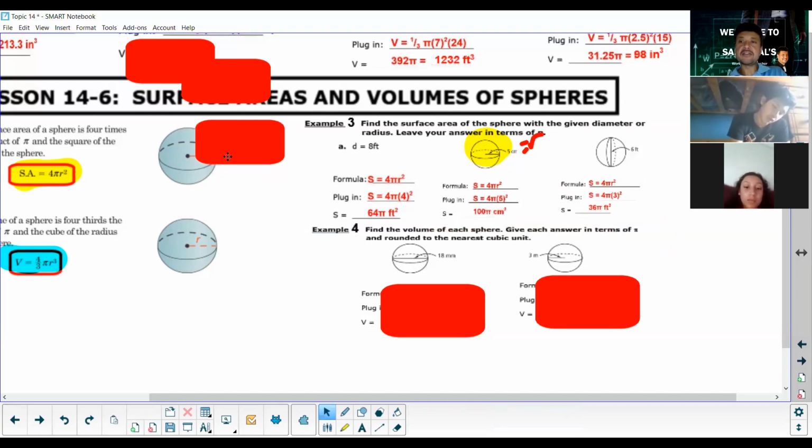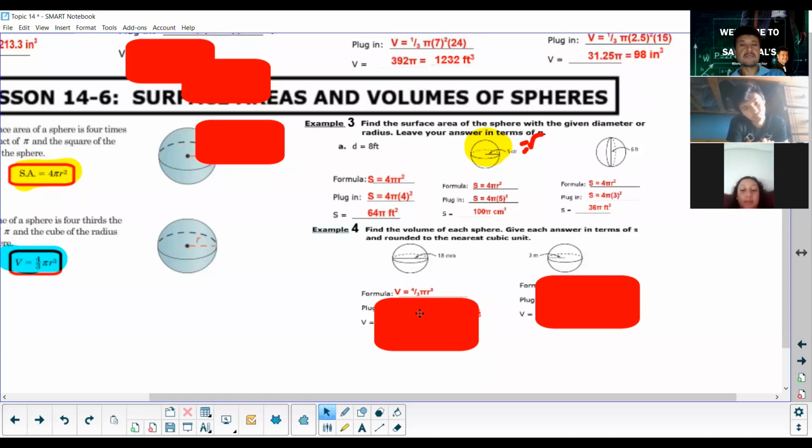I'm going to ask you to find volume. How would you find the volume in this one? And there's the equation. It's 4/3 pi r cubed. So why is the 4 bigger than the 3 at the bottom? Well, when they came up with the equation, they discovered that it was a ratio that was larger.